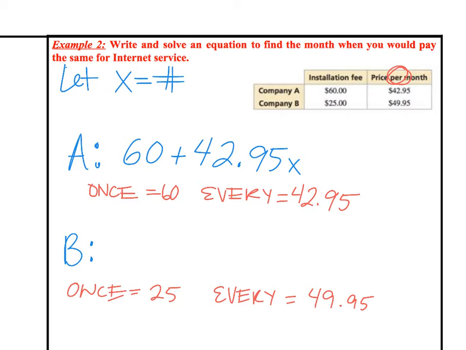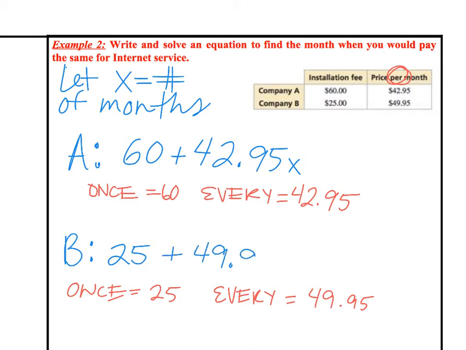Let x stand for the number of months. It's not price per month because you already know the price per month. Remember, variables always stand for something we do not know. So 25 plus 49.95 times x. So here are two expressions.